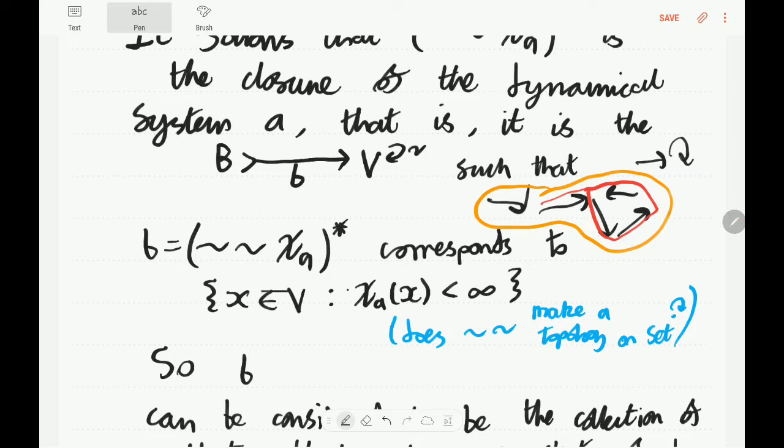So it sort of corresponds to the set of states X which have chi A of X as finite. And yes, it does make a topology on this category of dynamical systems.